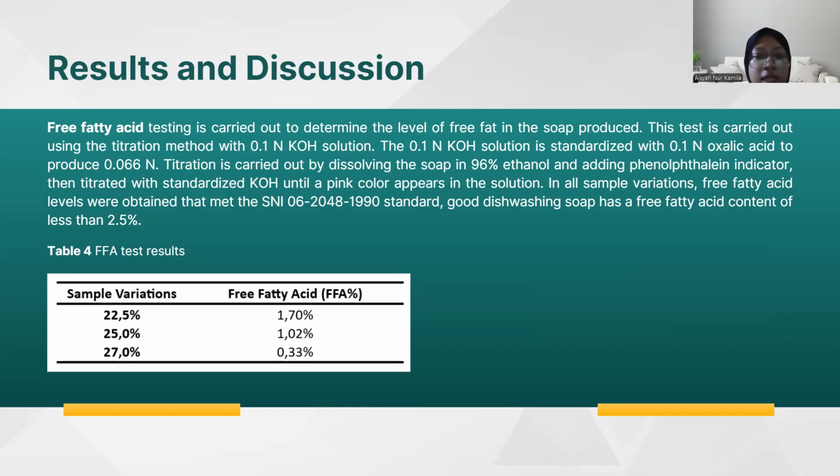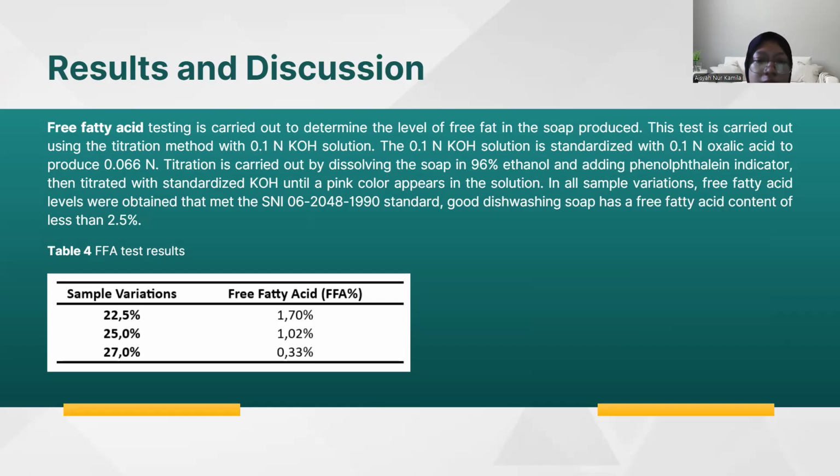The result of the standardization obtained that the concentration of potassium hydroxide was 0.066 normal. Titration was carried out by dissolving soap in 96% ethanol and adding a PP, phenolphthalein indicator, that then titrate that standardized potassium hydroxide until a pink color appeared in the solution.